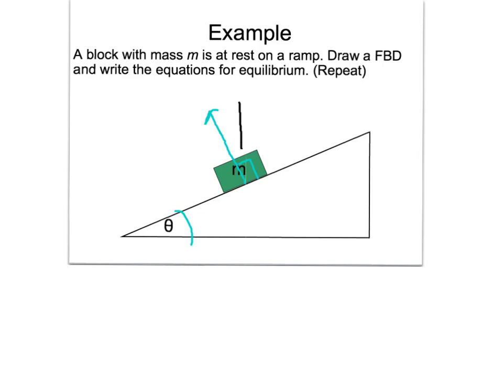So I'm just going to do this to work through angles and see what happens. Okay, so now I'm trying to figure out what this angle right here on the normal force is, or I suppose I could also figure out what this angle here is.